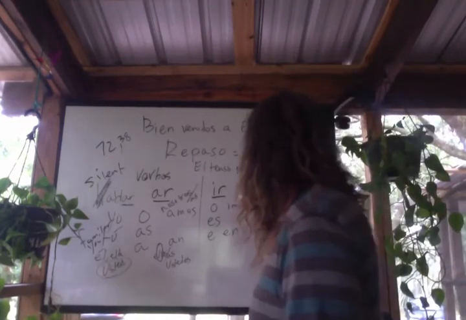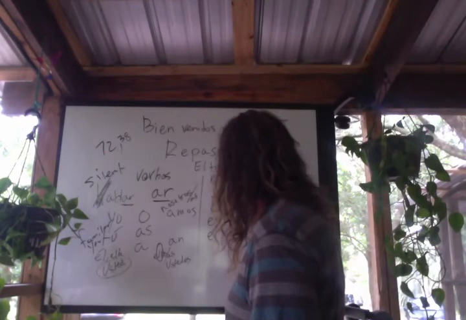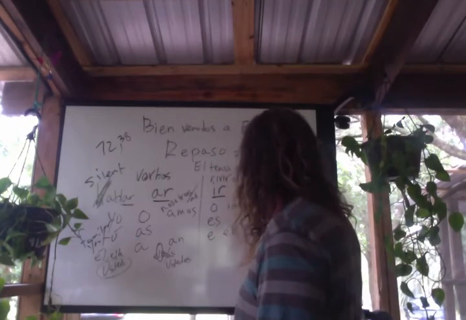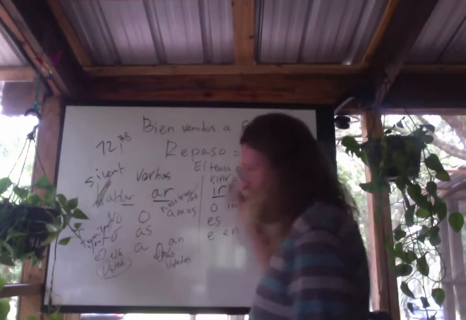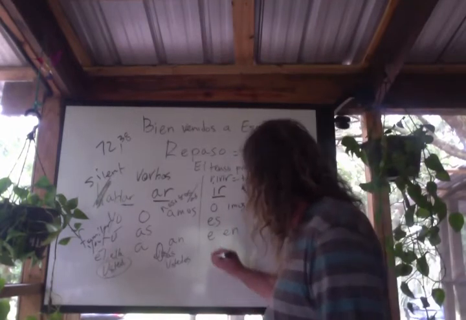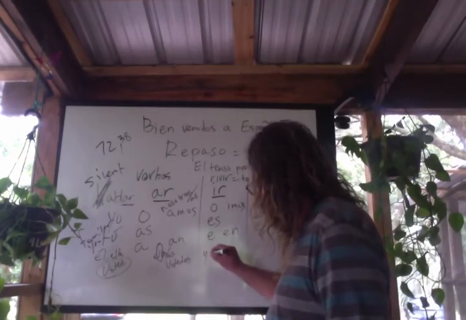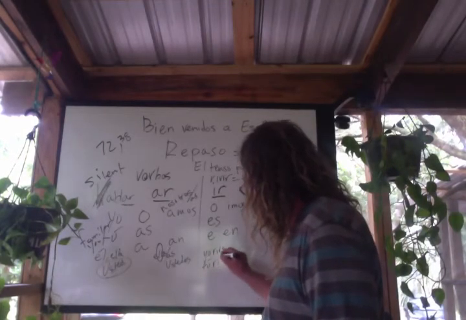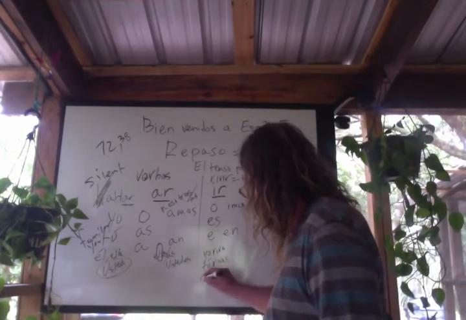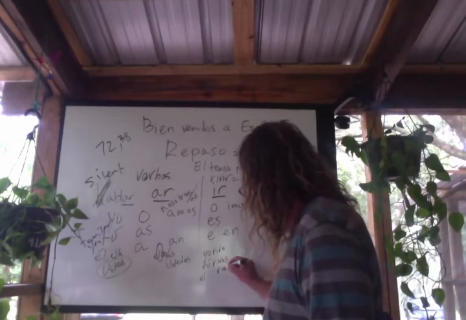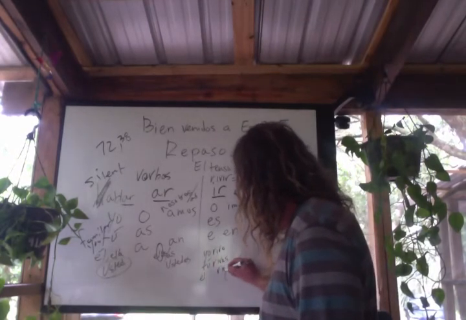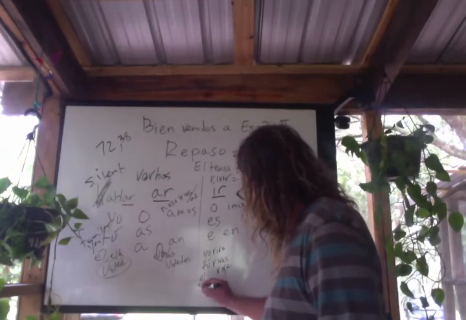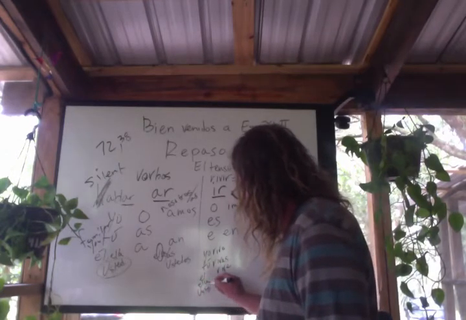Okay, so for example, with vivir, an IR verb, which means to live, I would say yo vivo, tú vives, él vive, ella vive, and usted vive.